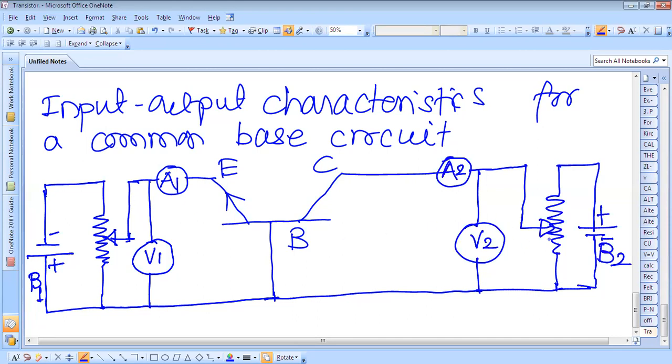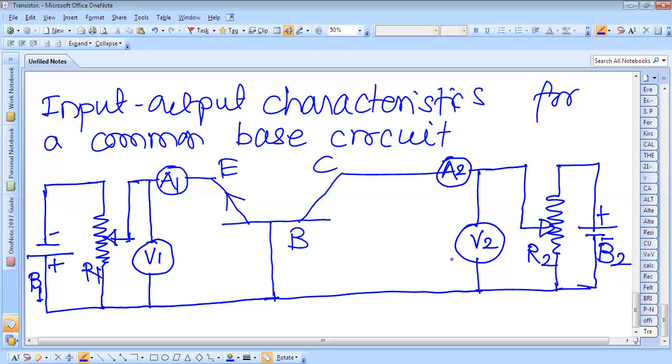And now by varying this potentiometer, suppose this is R2 and this is R1, by varying the resistance of this potentiometer, we can vary this current, and similarly the voltage will also vary accordingly if you vary this rheostat. So we have to maintain this emitter current constant, and measure the current flowing through the collector and the voltage across the collector base, take the readings, and plot the graph.